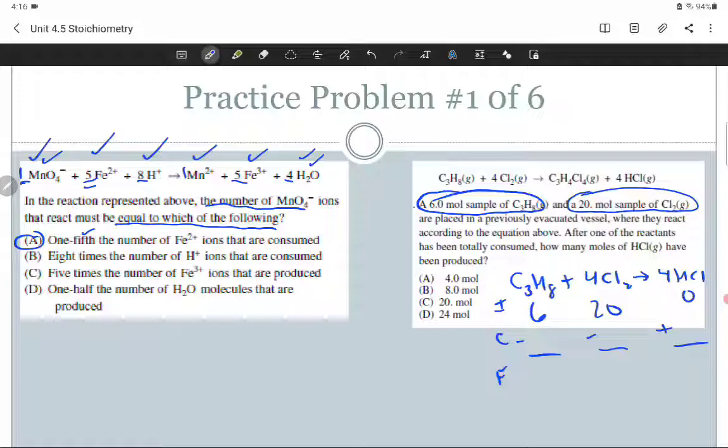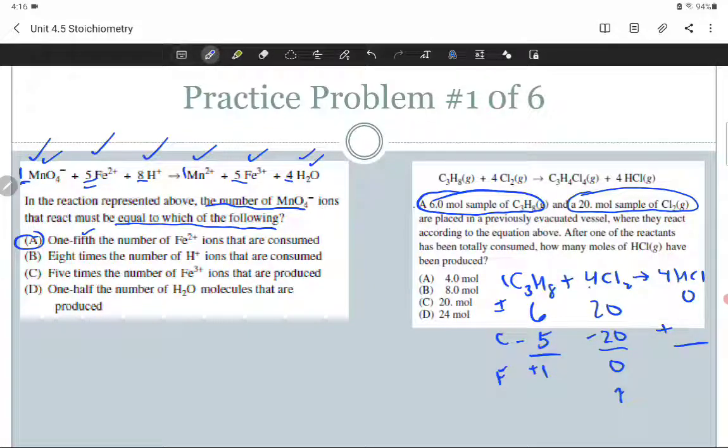Now we have to decide which one's going to be the limiting reactant. Let's give this one a shot. So you need something that totally runs out. So it's a 1 to 4 ratio. So if you have 20 for the Cl2, you need 1/4 of that over here, which is 5. Can you subtract 6 minus 5 and get a positive number? You can. So I know that I've done this correctly.